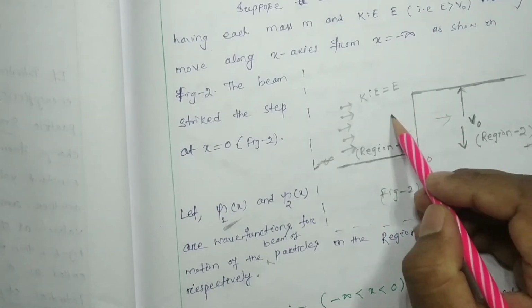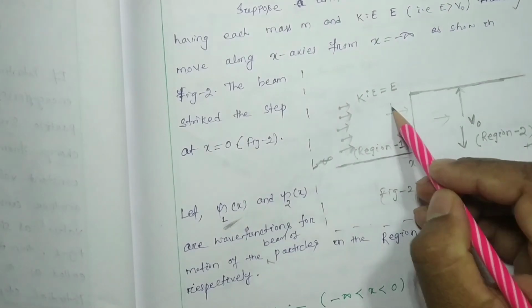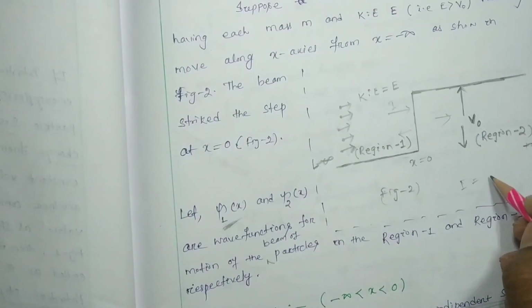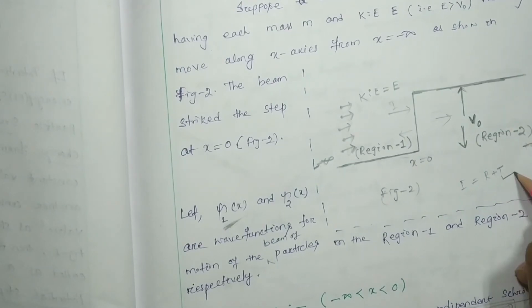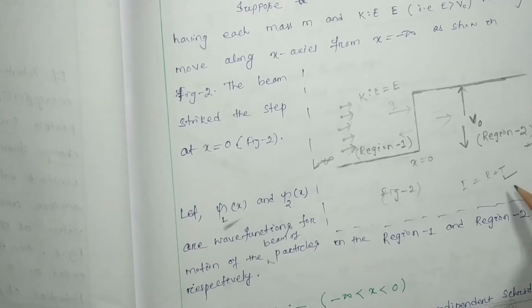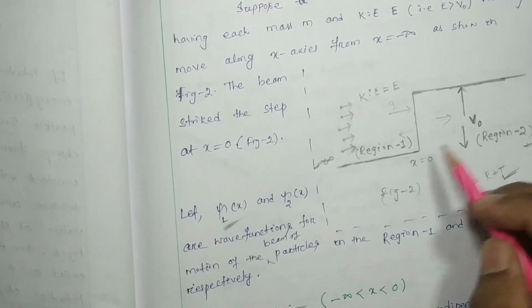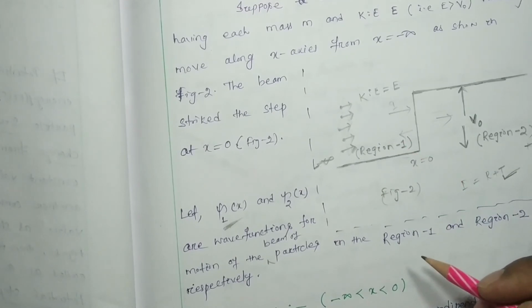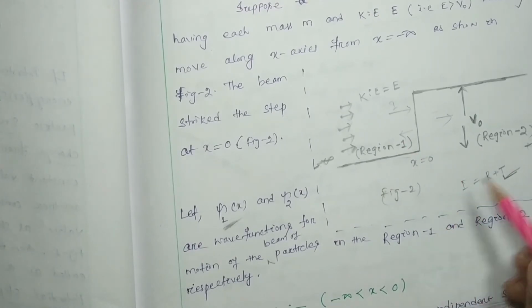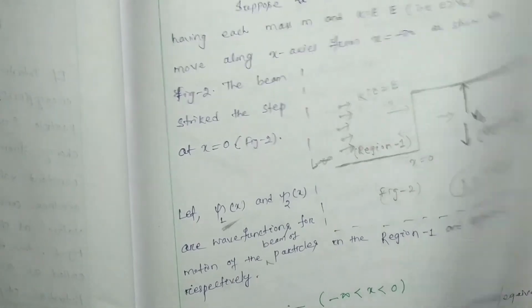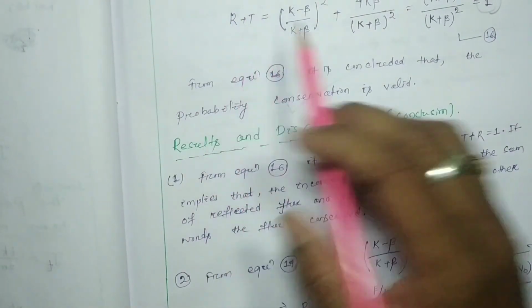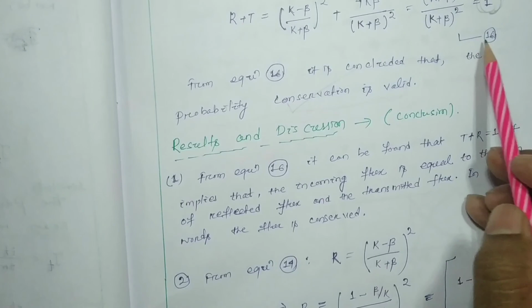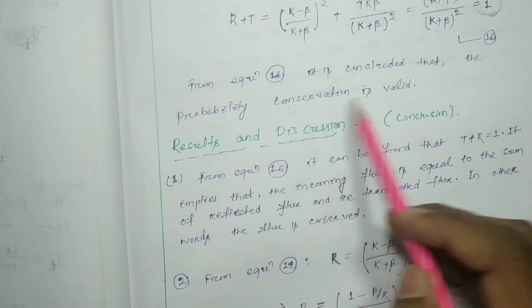So the incident wave is the sum of reflected plus transmitted. Is it so or not? It has to be proved, otherwise this mathematical calculation could not be acceptable, because this is one type of conservation law. From our derivation we found that R plus T is equal to 1. So from equation number 16 it is concluded that the probability conservation is valid.